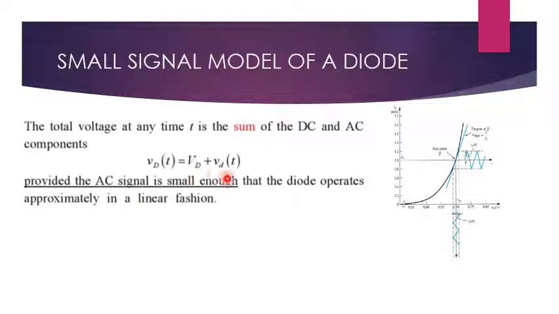So the total is VD plus vd of t, bias voltage plus small signal voltage, provided the AC signal is small enough that the diode operates approximately in a linear fashion. See why we go for small signal analysis: the devices work in a non-linear mode, so we superimpose a small signal and try to bring it into the linear mode. That is the aim of a small signal model always. Clear?